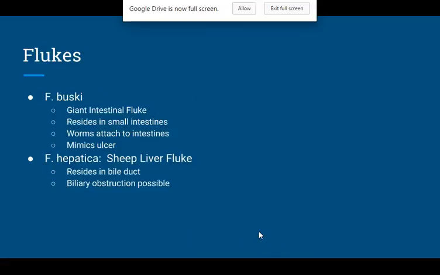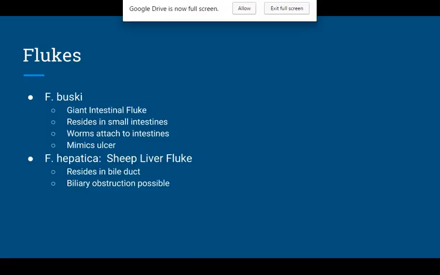Okay, so the two worms are Fasciolopsis buski, which is also the giant intestinal fluke, and hepatica is the sheep liver fluke. And you need to know these common names for your test.